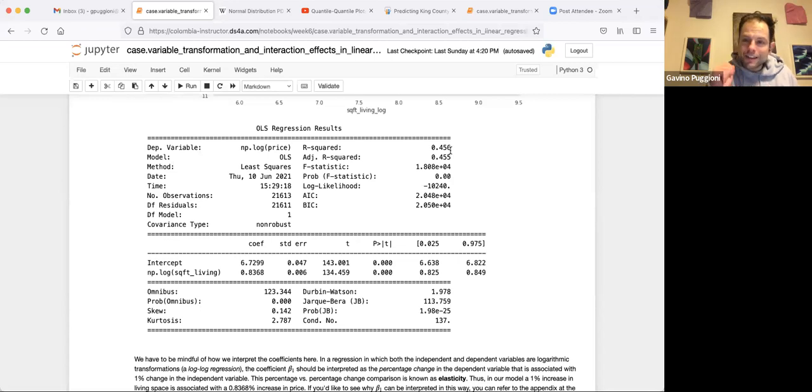However, here we have transformed variables. So in this case, we have a so-called log-log regression, and we have to change the interpretation of the slope beta 1. When you log transform, the coefficient beta 1 should be interpreted as a percentage change in the dependent variable that is associated with a 1% change in the independent variable.